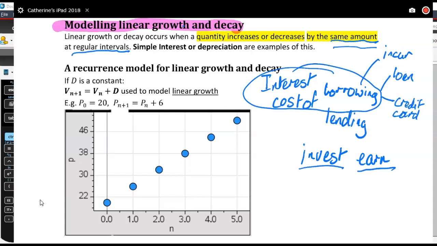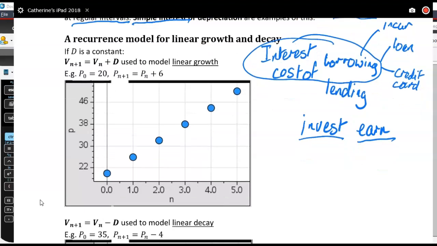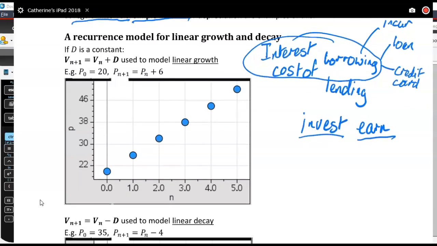Now here, when we're talking about linear growth, we're just talking simple interest. You would have done a fair amount of simple interest in general maths and in other maths over the years. So in further maths, we talk about having it as a model, a recurrence model for linear growth or decay.